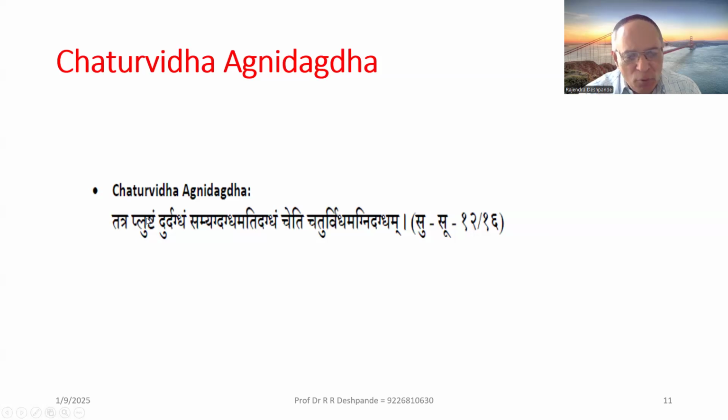First is Prushta, which I will discuss afterwards. Durdagdha. Samyak is the best. Samyak Dagdha and Ati Dagdha. It is explained by Sushruta, who is called the master of surgeons or Pitamaha. Even modern surgery books give importance to Sushruta, our ancestor, who is a scientist in modern science and modern surgery as well.